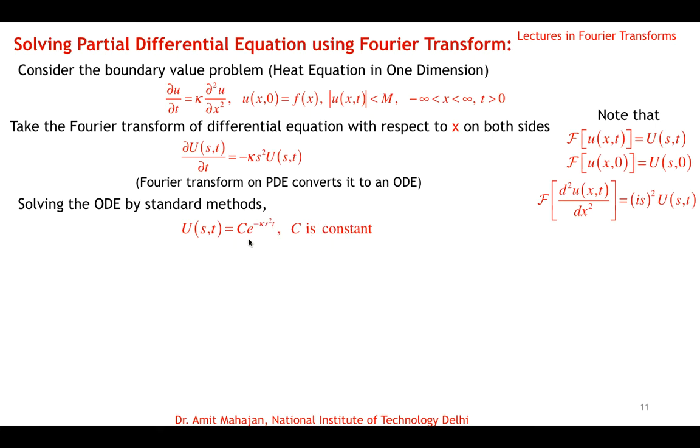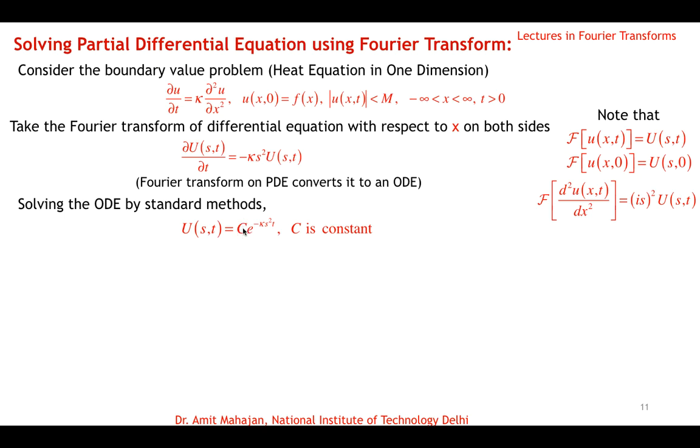And so we can calculate this constant using the initial condition. And then we can also take the inverse transform, because U is calculated, so its inverse transform is u(x,t). Just to add, if I put t equal to 0 here, then it will be U(s,0), and the exponential will become 1.